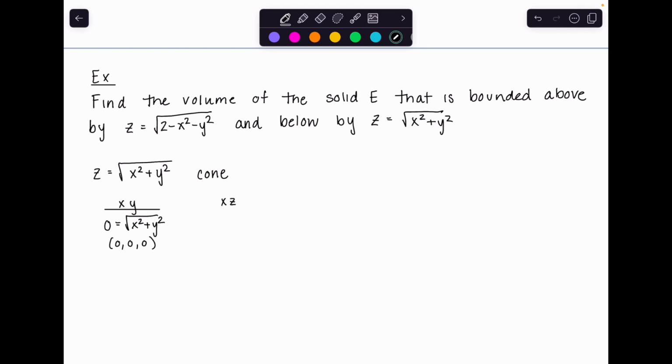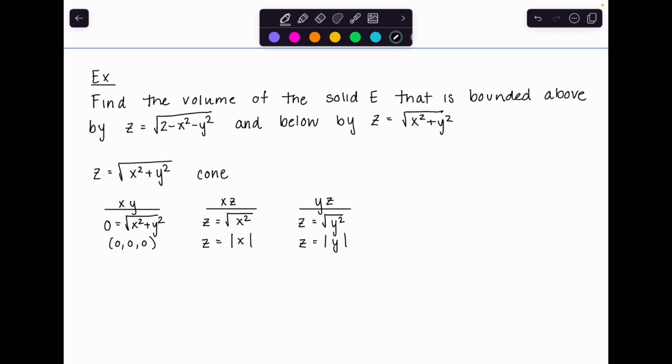If you look at the xz trace, this would be z equals square root of x squared. So it ends up canceling out, but remember, it gives you absolute values. And likewise, if you look at the yz trace, it would be z equals the square root of y squared. So you get an absolute value in that direction.